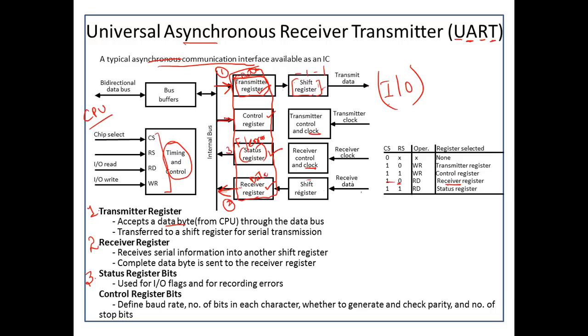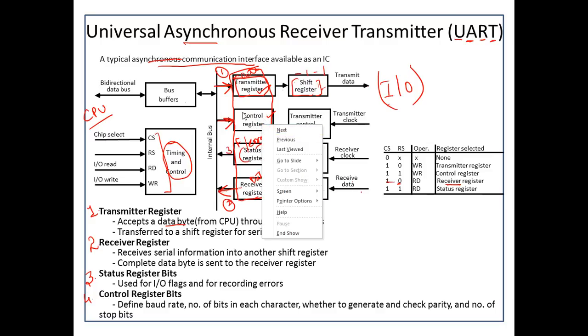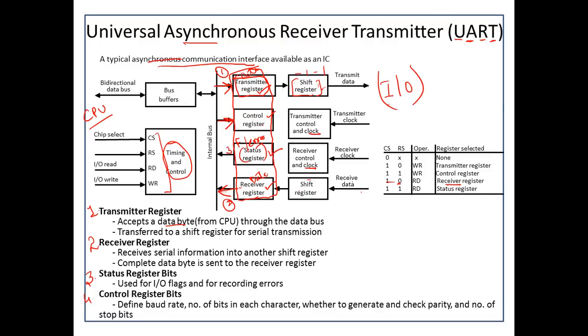Then there is a control register. The control register helps in understanding at which rate the data is being transferred, how many bits are to be transferred, and how many stop bits there are. All these things are held within this control register. Only then will the communication start.